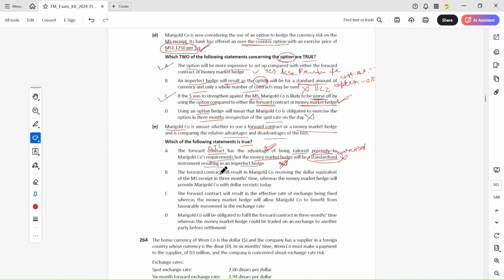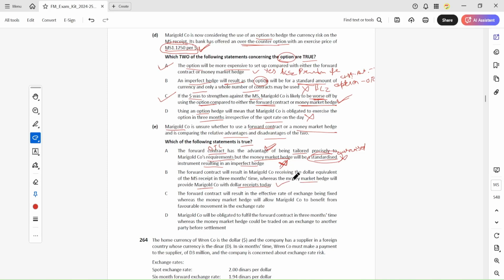The forward contract will result in Marigold company receiving the dollar equivalent of the receipt in 3 months time, whereas the money market hedge will provide dollar receipt today.